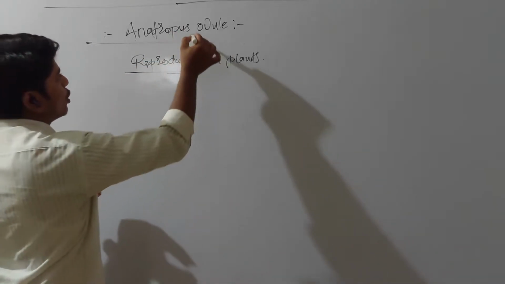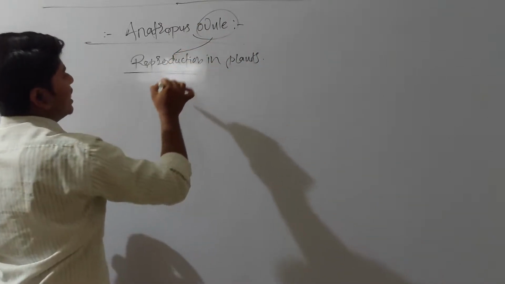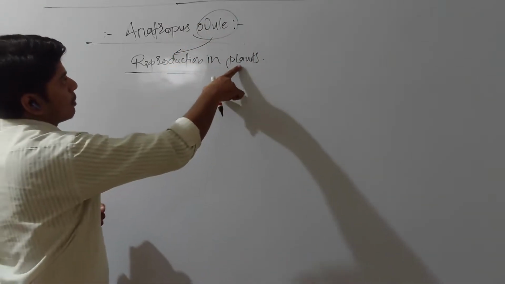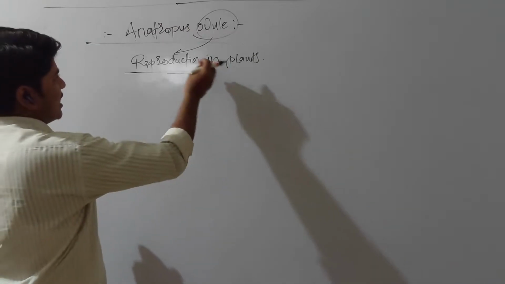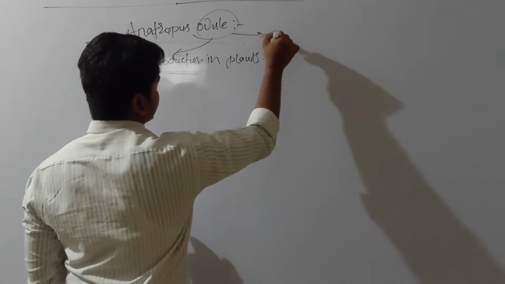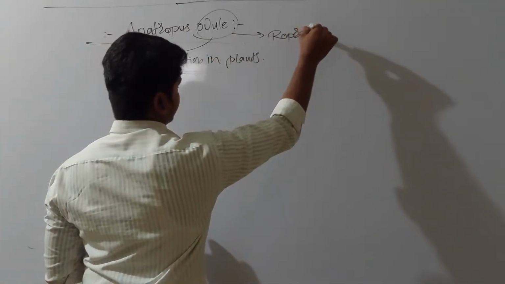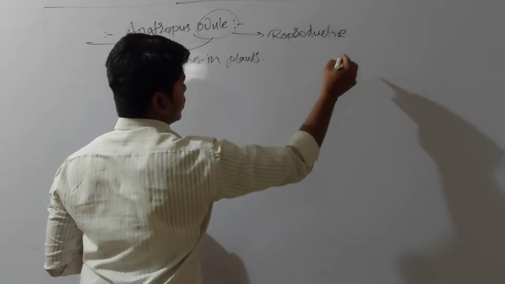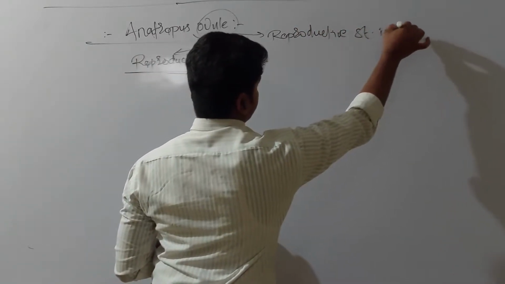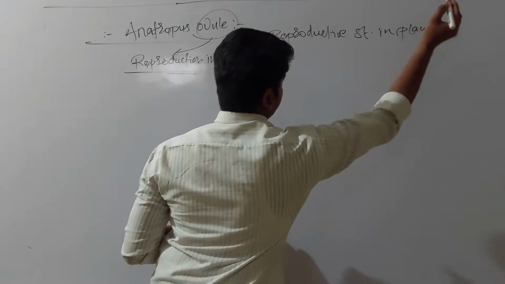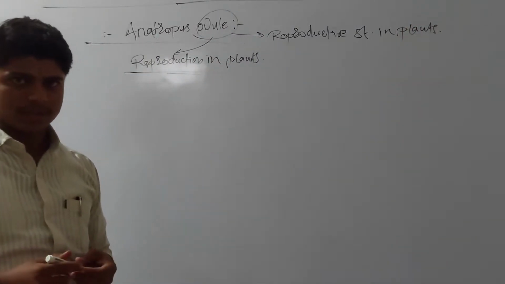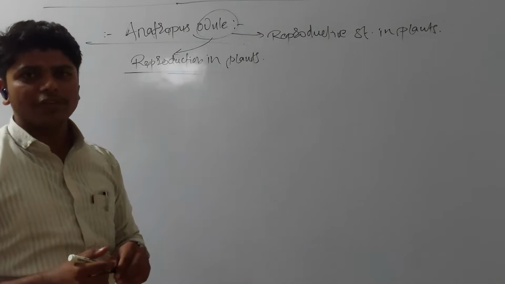So basically, what does the ovule do? It helps in reproduction for plants. It is a reproductive structure in plants. But which kind of reproductive structure is it?